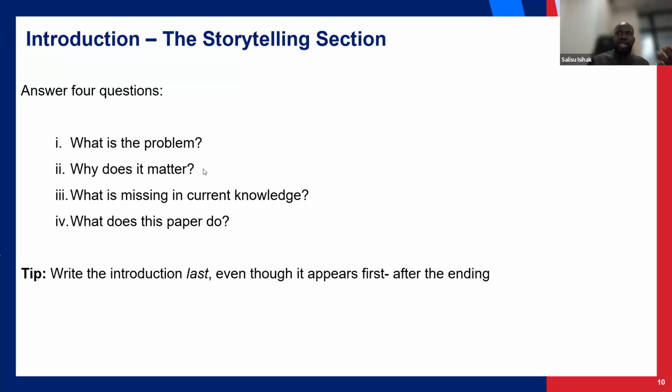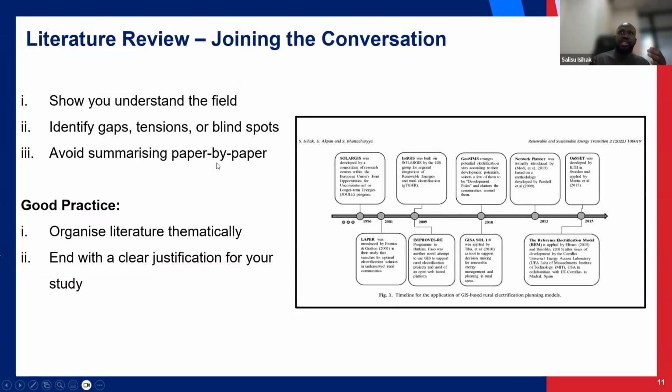Then the next thing that you see is the literature review. A lot of people get it wrong here, and I used to have that same problem. I thought literature review is just somewhere that you report other people's work, but that's not the case. In the literature review, you are trying to bring the research home.